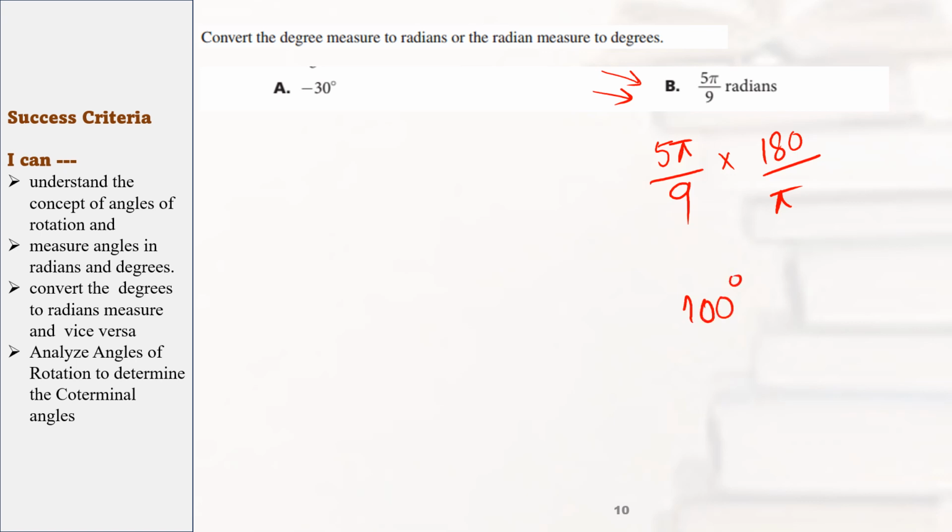So when you convert, don't forget to put the degree or radian units. Now again, degrees into radians. You write the degrees, and to convert into radians, the pi should be in the numerator and 180 in the denominator. If you write in the calculator, you will get negative 1 over 6 pi radians.